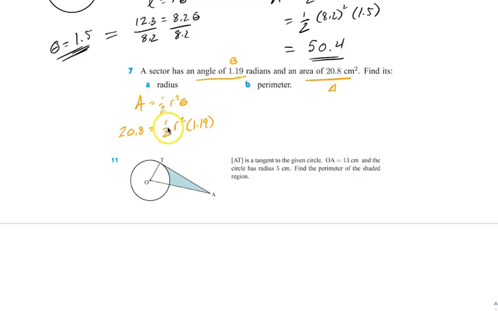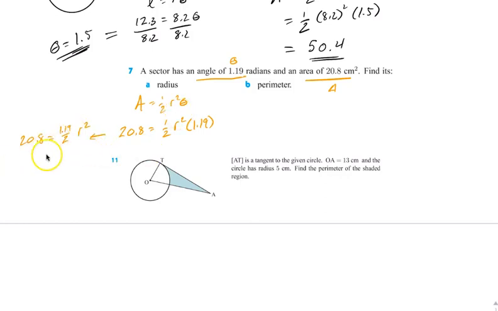So now this is some math problem. We gotta isolate r squared. So multiply 1.19 by 1/2, so 20.8 equals 1.19 over 2 times r squared. Now I gotta get r squared by itself, so I'm gonna divide both sides by this.